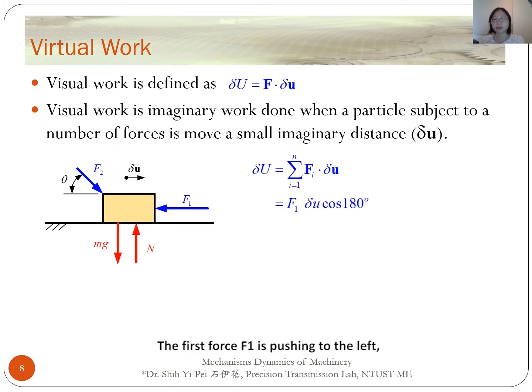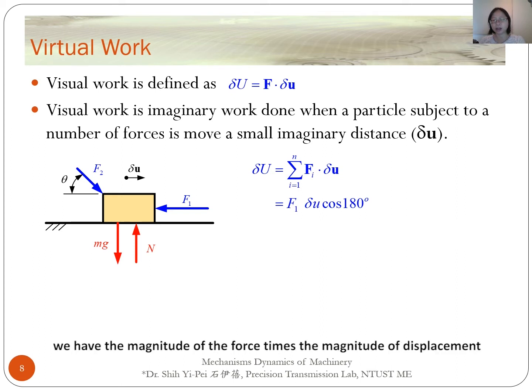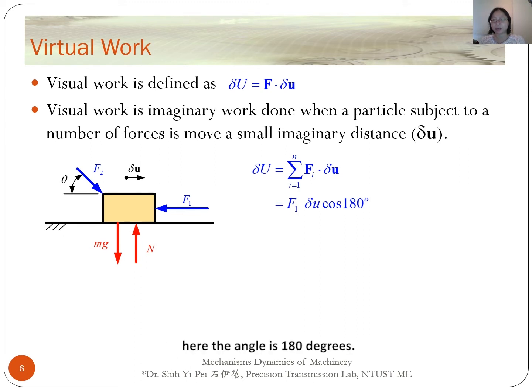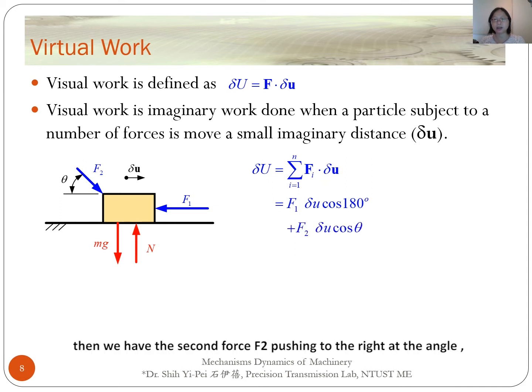The first force F1 is pushed to the left. We have the magnitude of the force times the magnitude of the displacement and times the cosine of the angle between them. Here, the angle is 180 degrees. Then, we have the second force F2, pushing to the right at the angle theta.